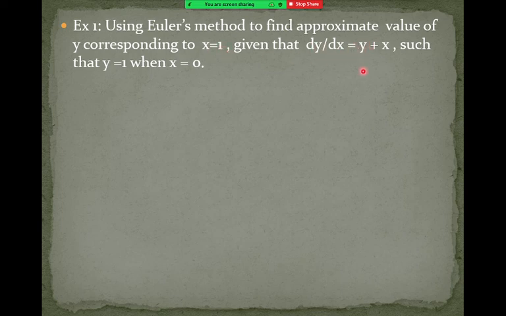Now, how many iterations should we do? Is it given in the question? Yes, we have to go from 0 to 1, but this interval we should divide into how many parts? Is that given? No, sir, it's not given.